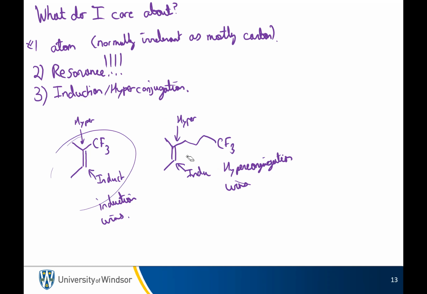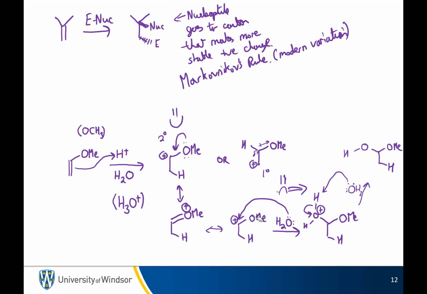That's a weak inductive effect. If you can't figure out that the hyperconjugation is stronger, then you've got bigger problems. So I promise not to give you something like the first example, because that's a little bit unfair.